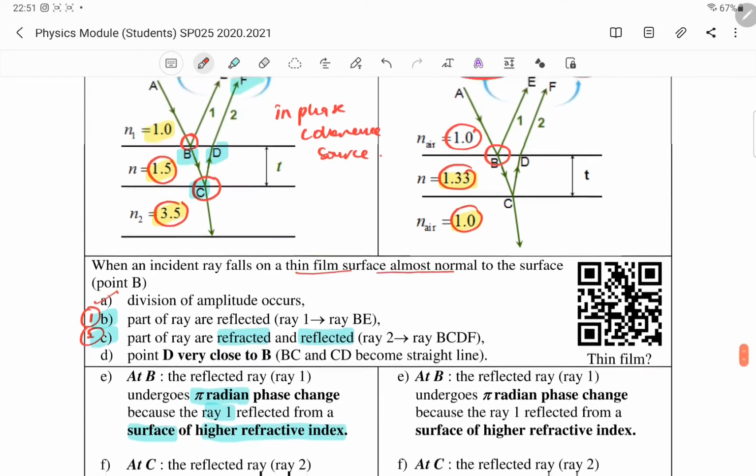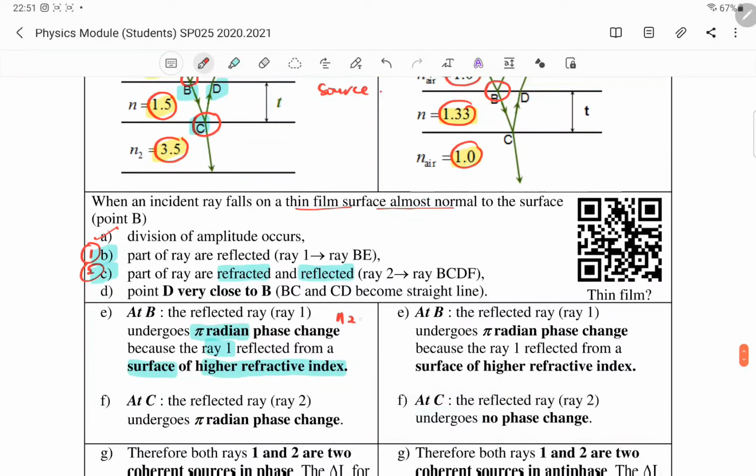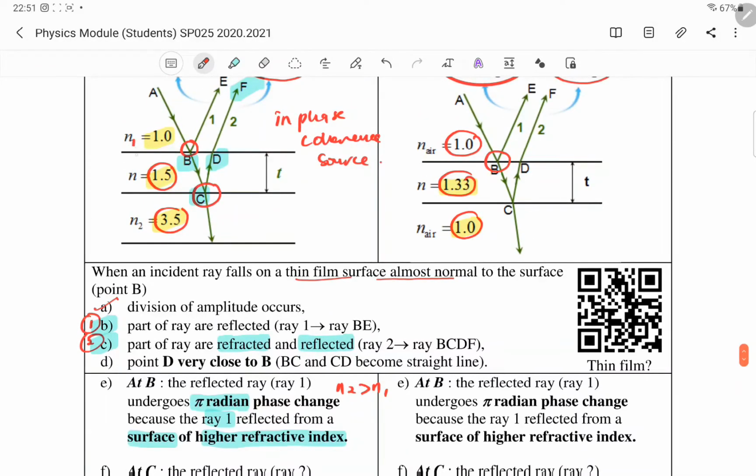So kat sini kita ada phase change because N2 is greater than N1. Yang ni saya namakan N1, this one is N2, this one is N3. Kita punya thin film mesti N yang kedua.